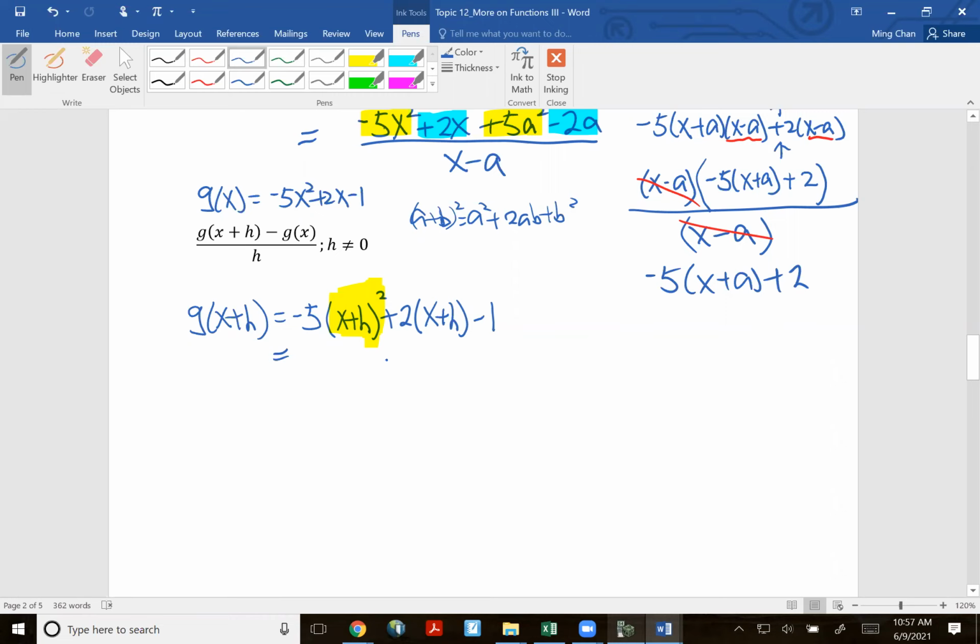You don't want to write this more than what you need to. So your a is x, your b is h. So a squared plus 2 times your a times your b, that would be 2xh, plus your h whole thing squared, right? b squared means your h will be squared. So this part will give you these three terms. It has to be distributed by this negative 5.